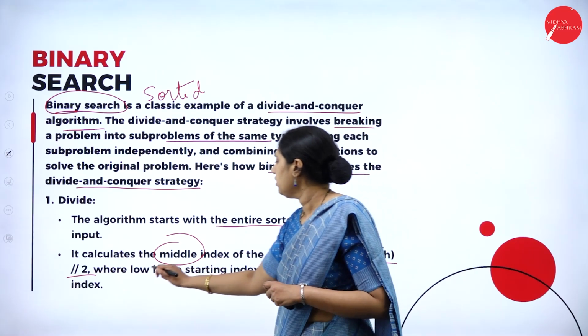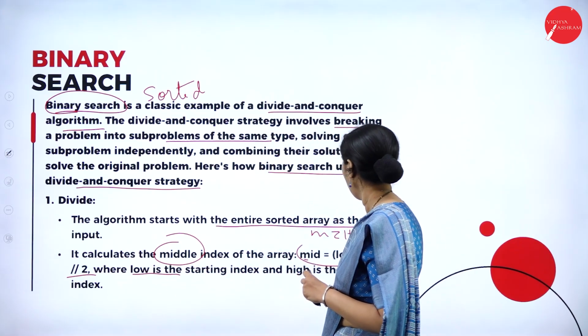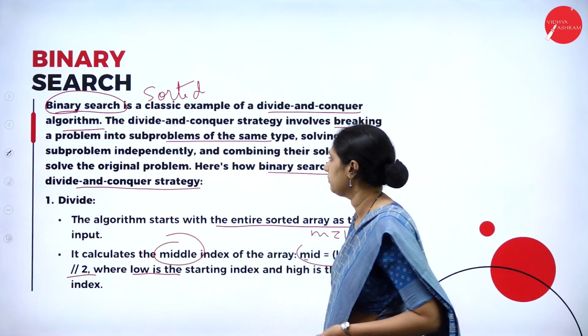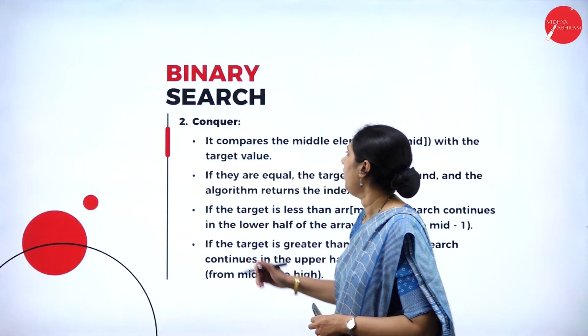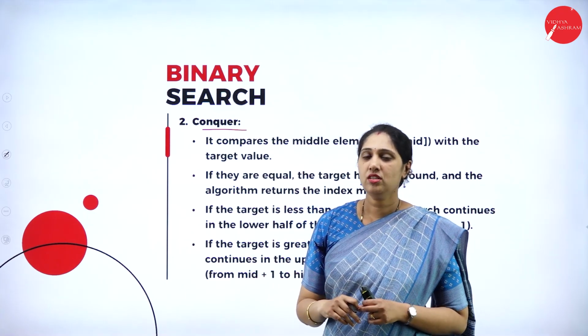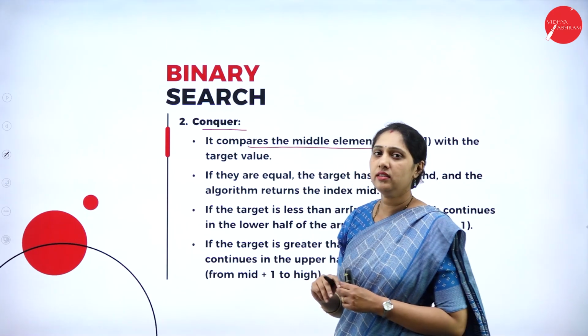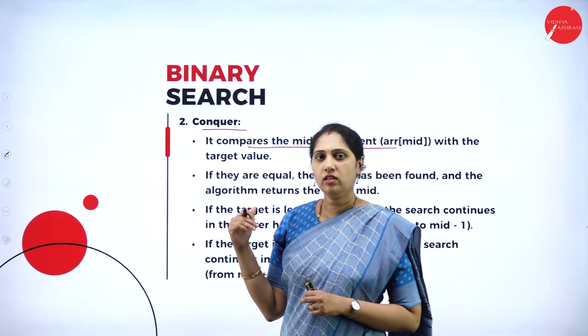Then what is low here? Low is the starting index. What is high? High is the last index. So in binary search, we have conquer. What is conquer? Conquer is nothing but solving. First we compare the middle element, that is ARR of mid. What is ARR?